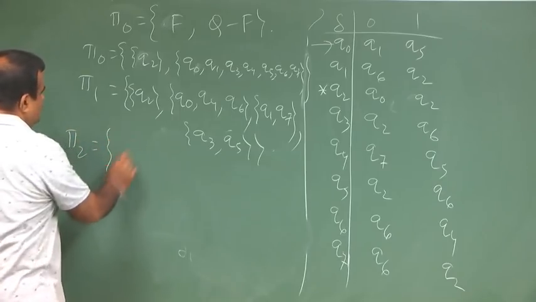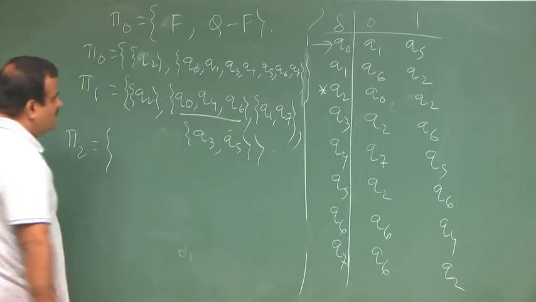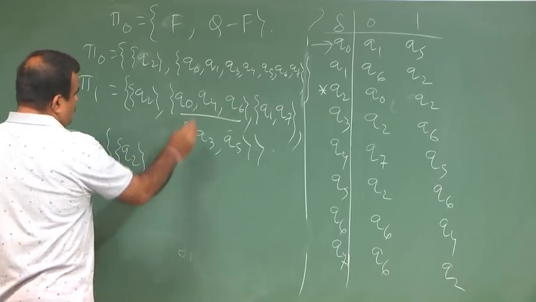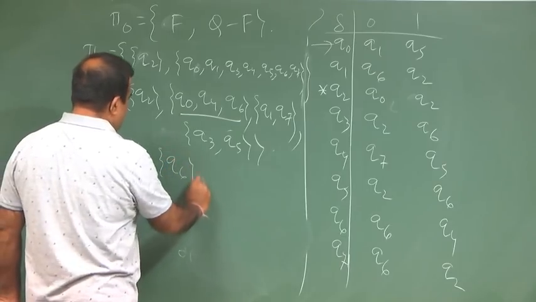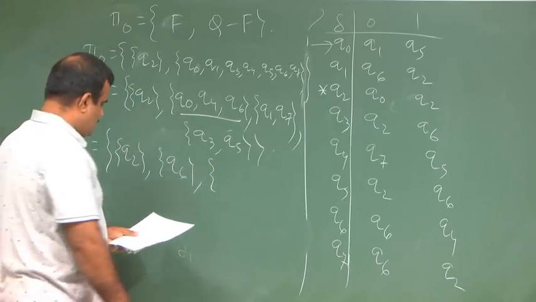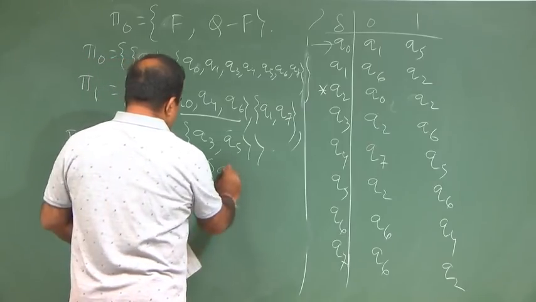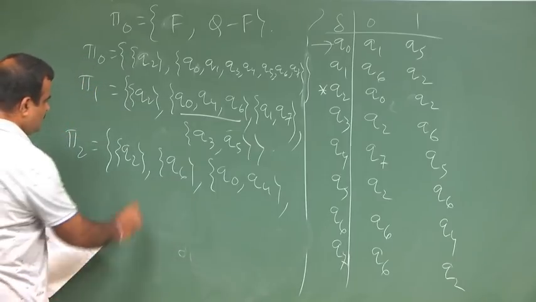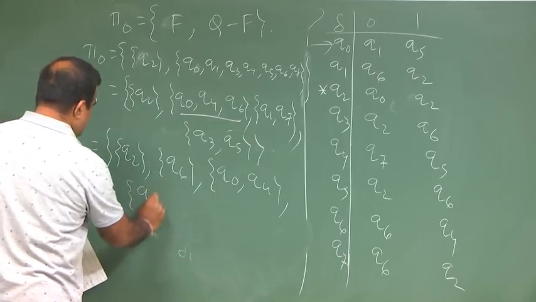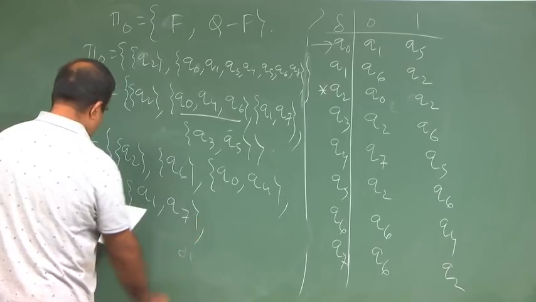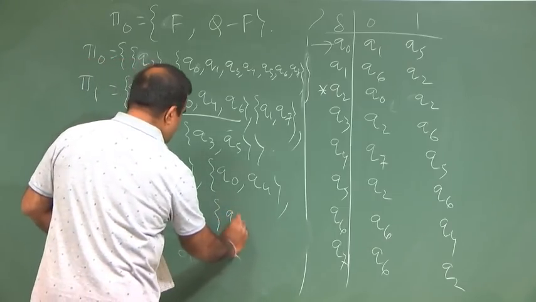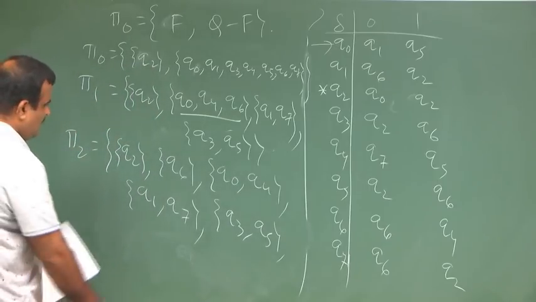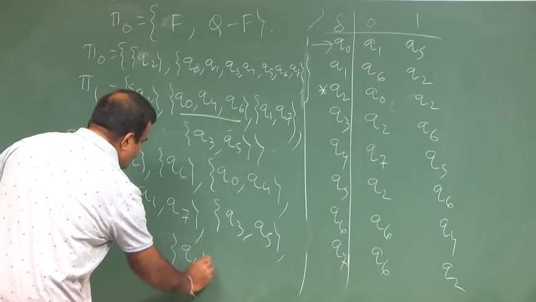For this, again we check whether this can be further decomposed. This can be decomposed, q6 will be separated, we can verify this. Then q0, q4, and then q1, q7, q3, q5 and then q6.